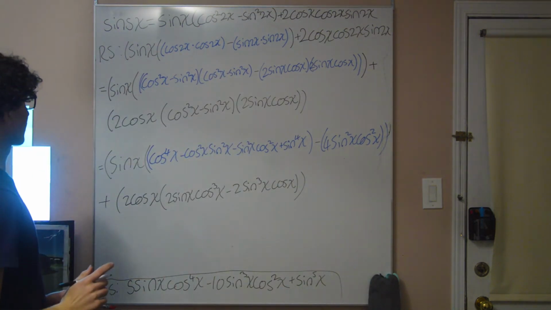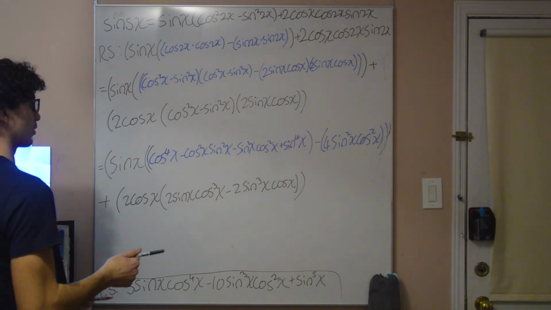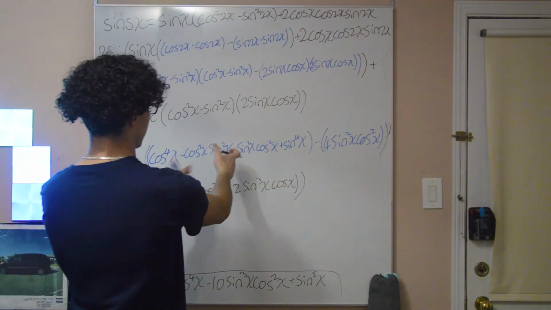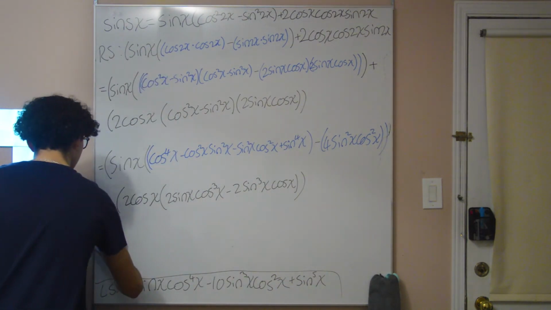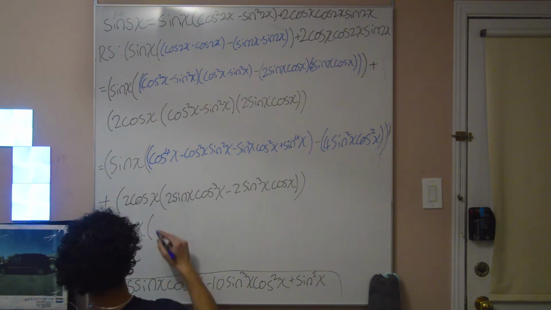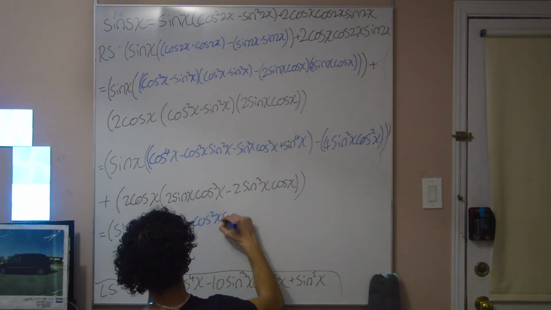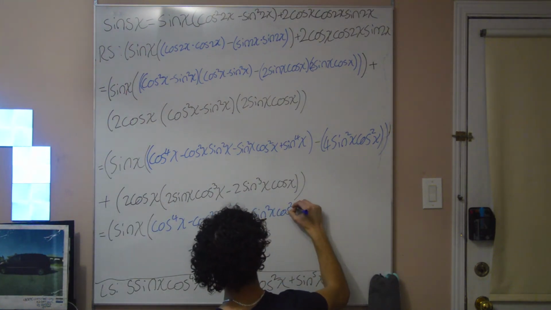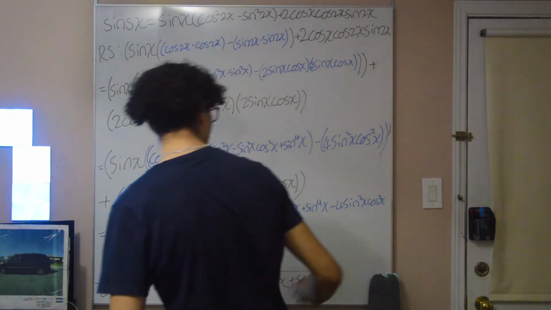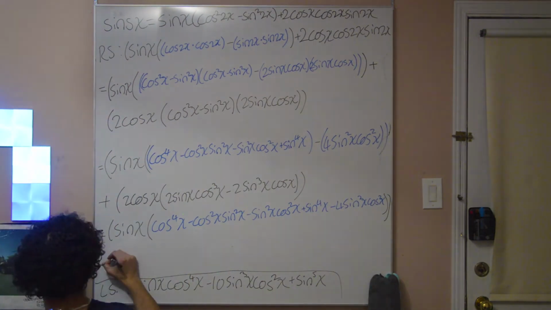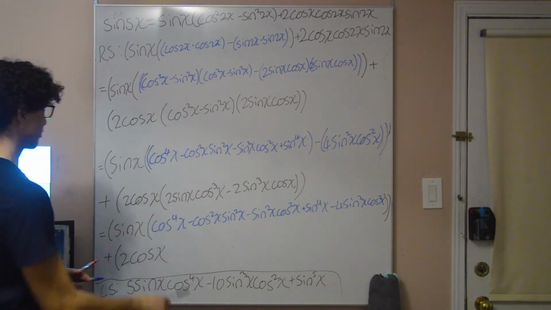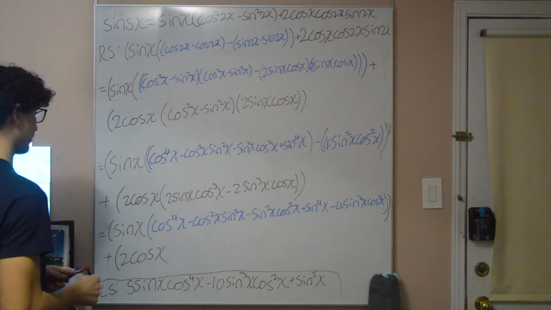Okay. Now from here, essentially what we're going to do, we can see that that can simplify, and we're going to basically expand out this bracket. So we get this to equal, and I'm also just going to multiply the 2 cos x through.